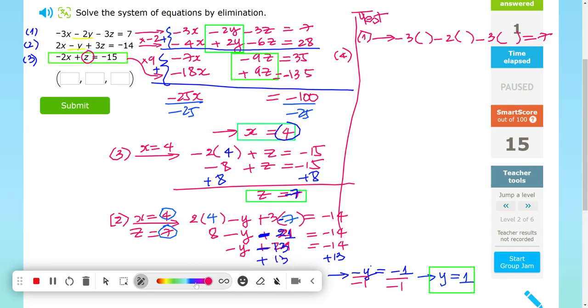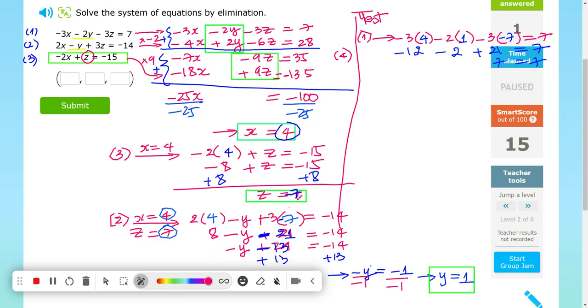Put it in: x equals 4, y equals 1, and z equals negative 7. This is negative 12, this is negative 2, this is 21. 21 subtract 14, so that's 7 equals 7. So equation number 1, testing is correct.